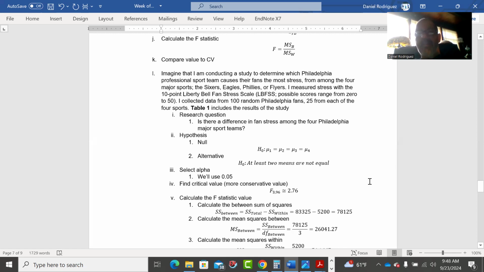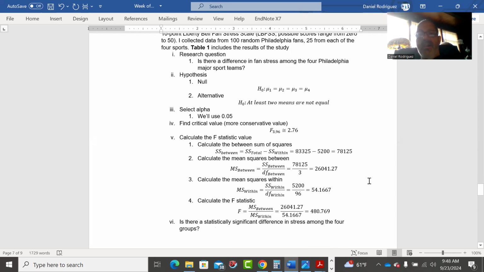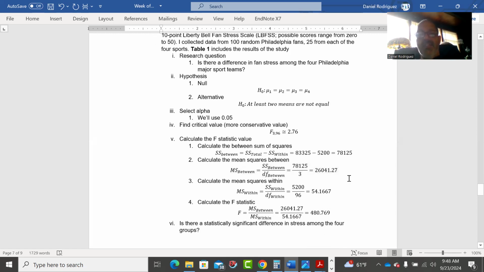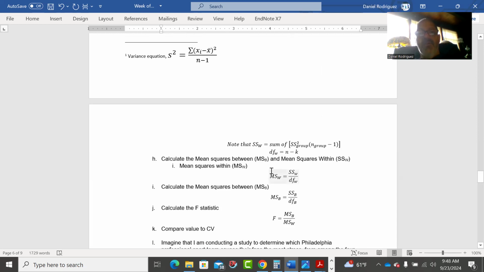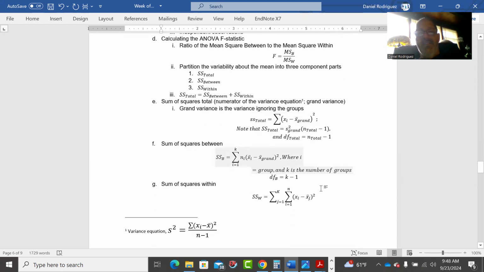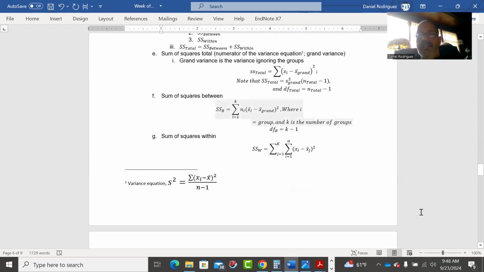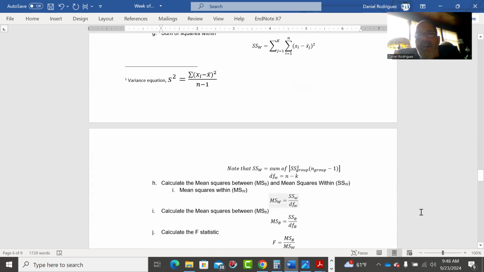I'd ask you to calculate the number of comparisons you can do. I'm not going to ask you to calculate sum of squares because that is not necessary. And then if I give you a scenario, I'll likely ask what type of post hoc test you should do, or maybe even how to calculate the Bonferroni. But I'm not going to give you things that we're not covering in this course, okay?